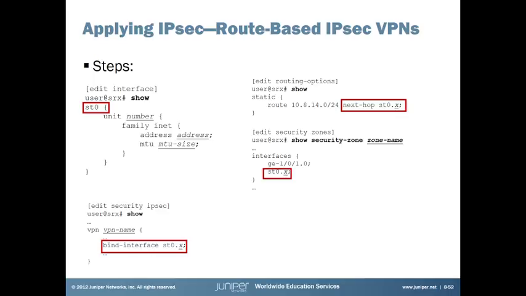And one very important step which you must not forget is you must put the ST interface into a zone. Otherwise, no traffic can go through that VPN. Which zone do you put it into? Well, you put it into the same zone that your internet connection is in. Okay? Because that's where your traffic is going out through.